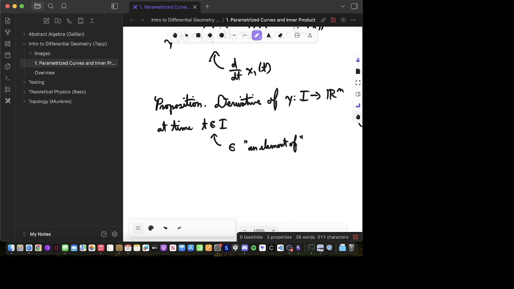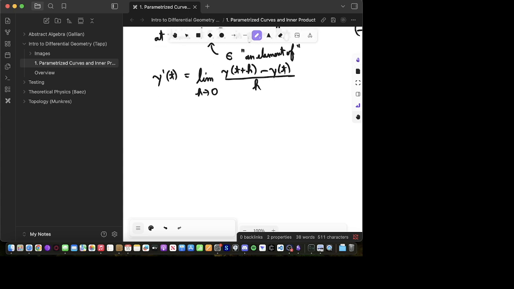That's basically what it's saying. So the derivative is given by the formula gamma prime equals the limit as h approaches 0 of the difference quotient. Okay, so this is our expression that we propose. Whenever we have a proposition, we need to prove it. And here's how we're going to prove it.